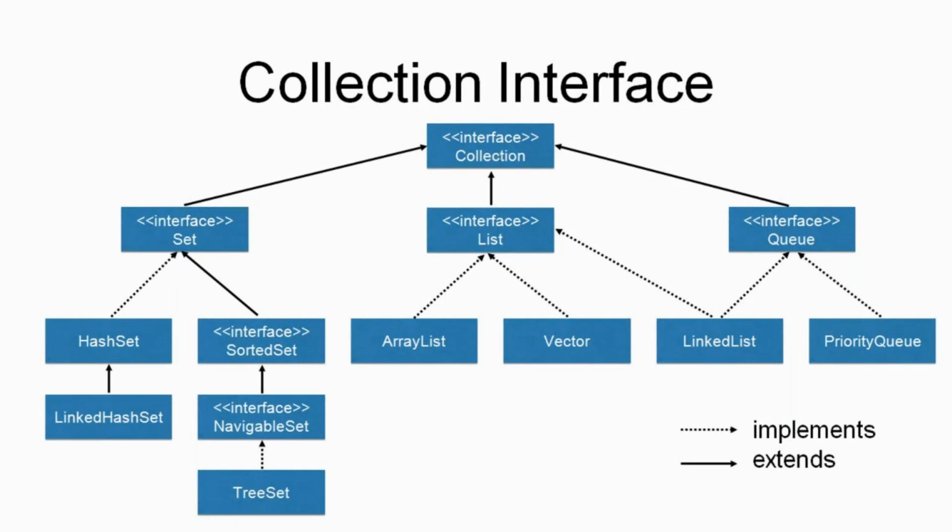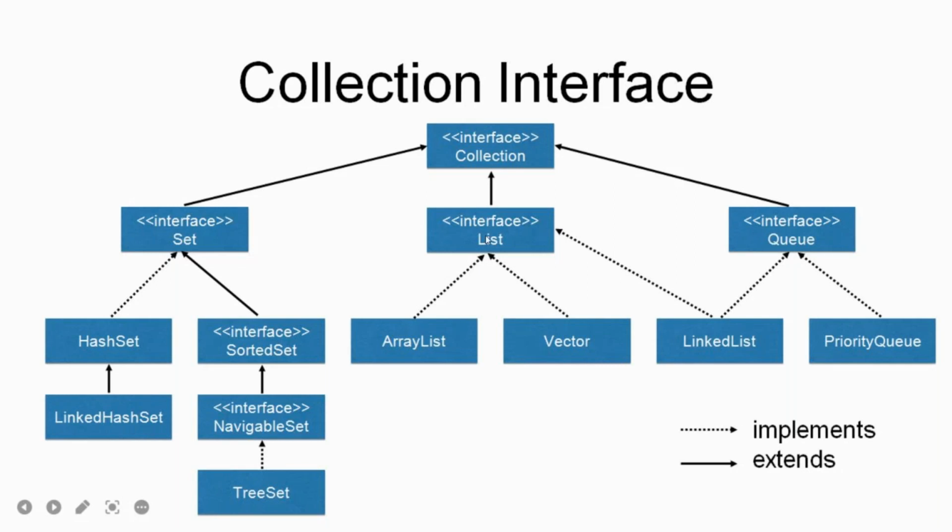An interface can be extended by another interface. So this collection interface will be extended by set, list, and queue, which I can consider the children of collection.